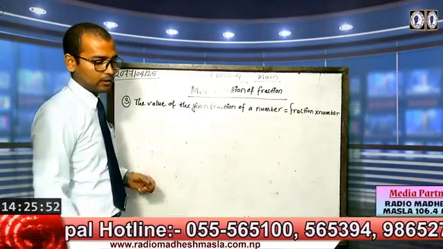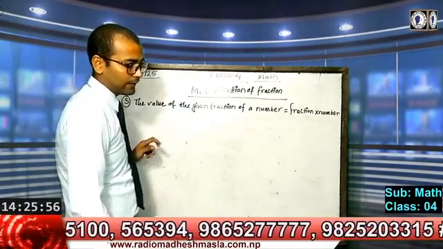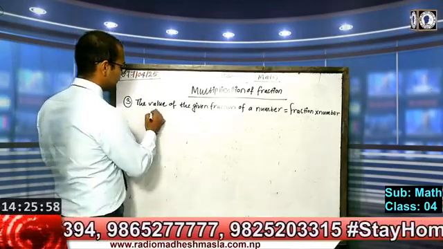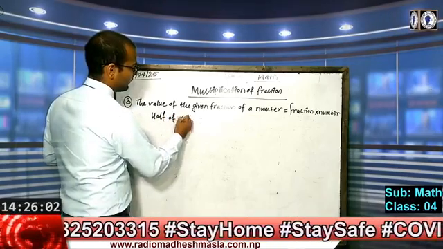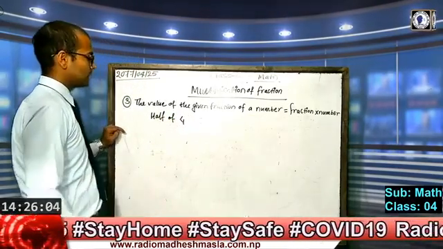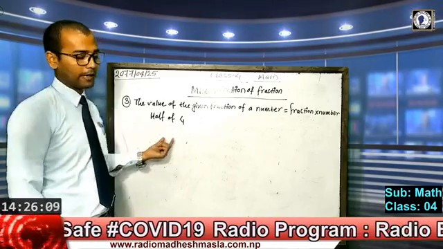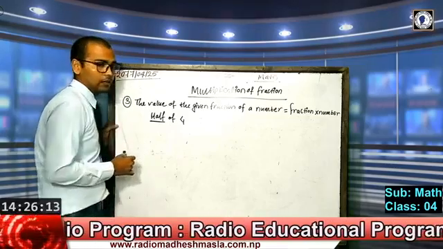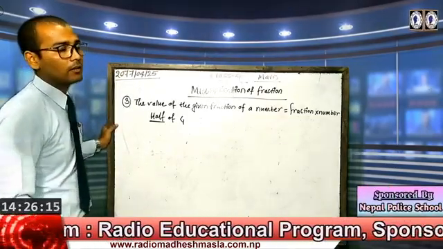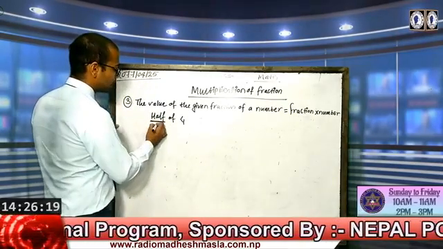Sometimes we may be given questions like this: half of 4. Students, listen to me very carefully. Half of 4: what does half mean? This is a fraction name. Here half means 1/2.